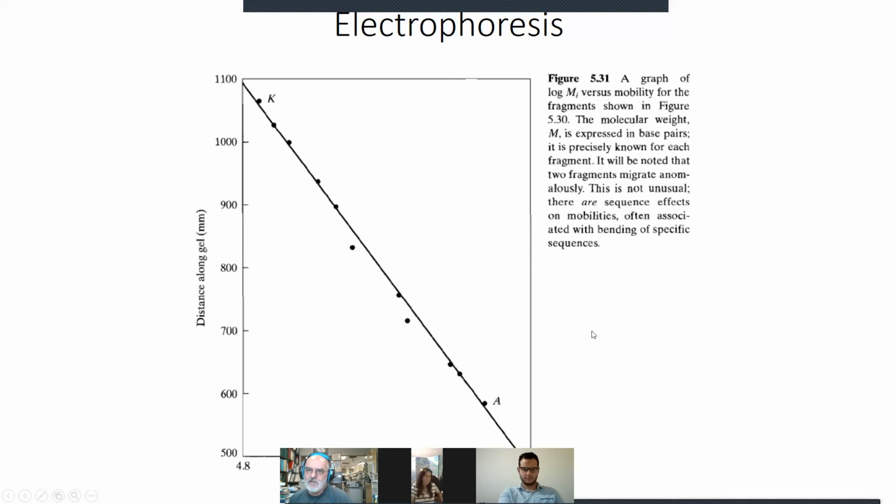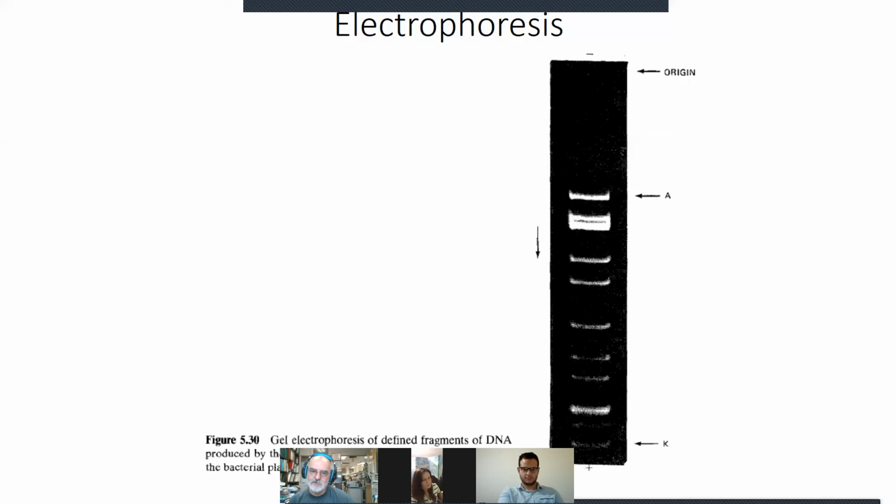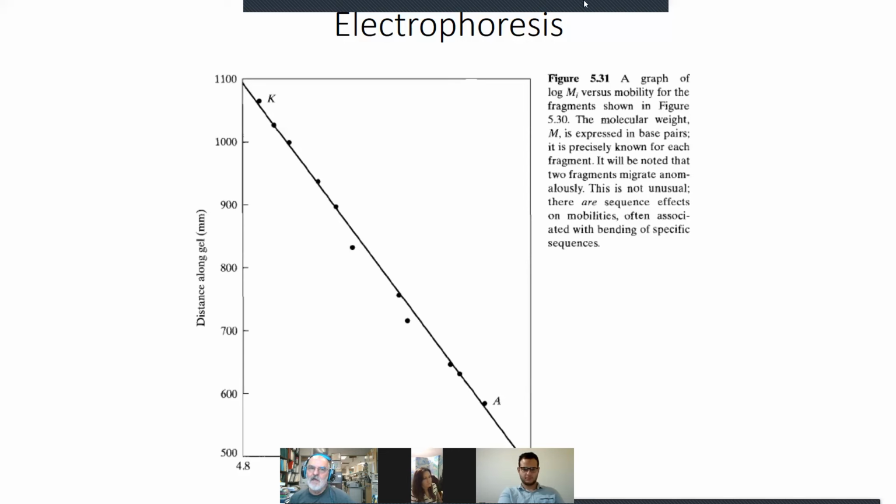So generally speaking, DNA always has so much charge per base pair. I gave you an assignment about virial coefficients and how the charge was suppressed. But generally speaking, every cleavage, if you do an endonuclease cleavage or a restriction fragment cleavage, every fragment has the same net charge per base pair. And so essentially the net charge is proportional to the size, and that dictates something about the net mobility.